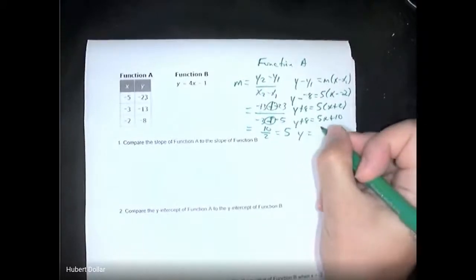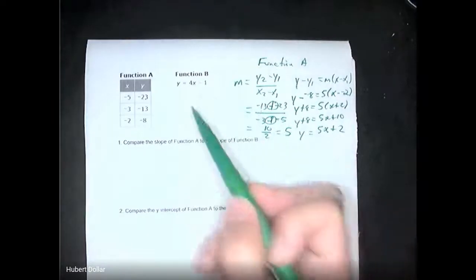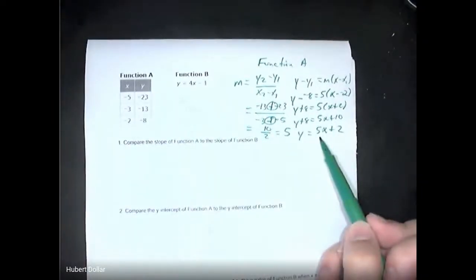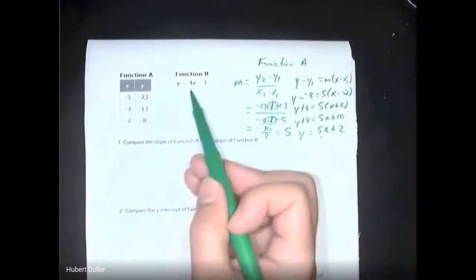Subtract the 8, and y equals 5x plus 2. Now, so I have a slope of 5 and a y-intercept of 2 for A. And I have a slope of 4 and a y-intercept of -1 for B.